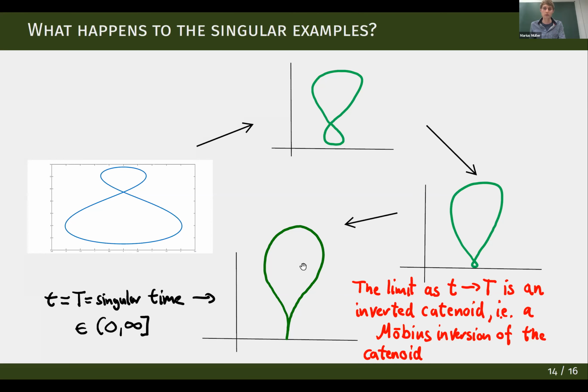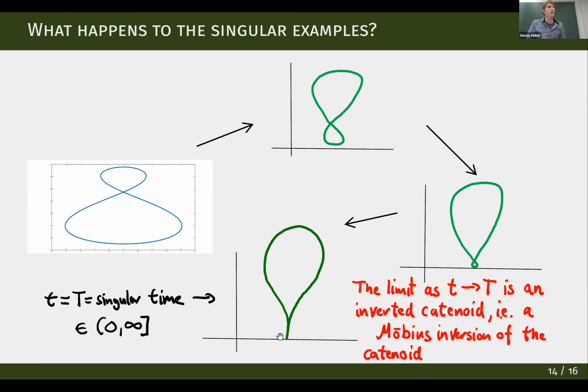So this limit profile you will observe here at the singularity. So the loop will give you the singularity with a lot of curvature. And what you will obtain here is the inverted catenoid. So you take a catenoid curve and you apply the Möbius inversion on it. And then what you get is, again, a surface of revolution looking like so.